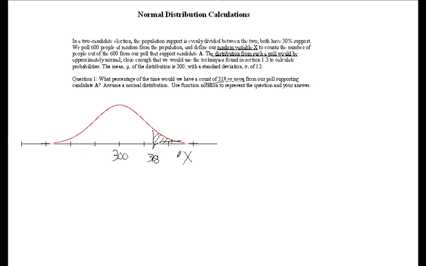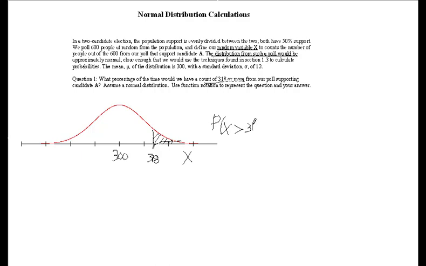And now it says use function notation to represent the question and your answer. So I'm going to come over here and write this out using function notation. As we're going to find later on, P is for probability, but proportion works as well for us right now. This random variable x turns out to be greater than 318.